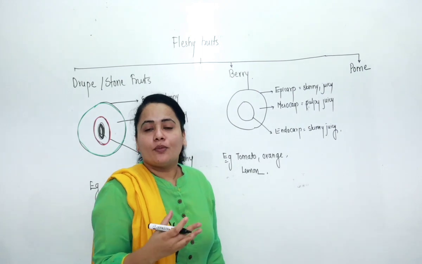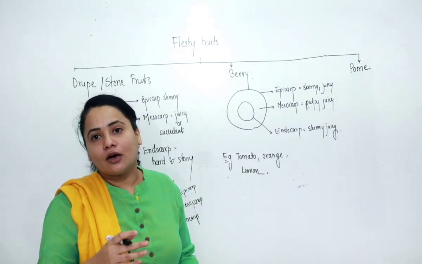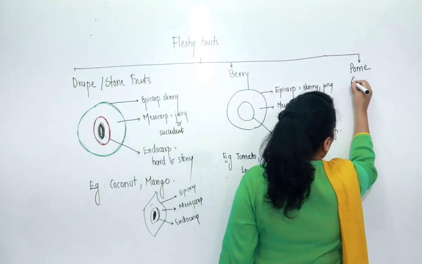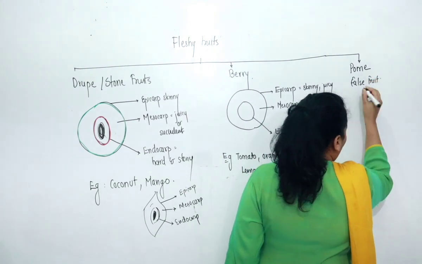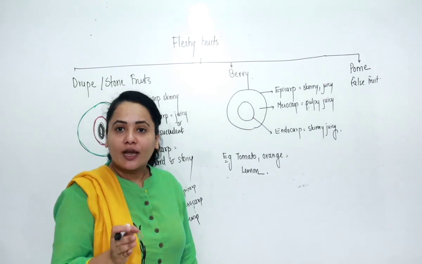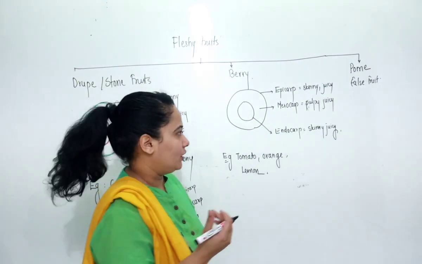Now remember, pome is a fruit which we generally consider to be a false fruit. So here we will write that it is a false fruit. Why do we call it a false fruit? Though it develops from the fertilized ovary, the edible part is other than the ovary.